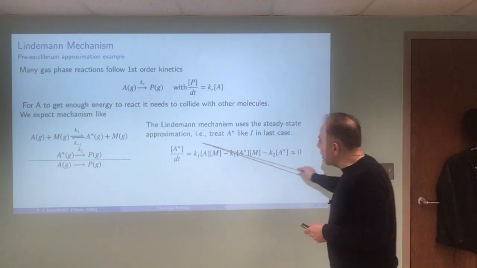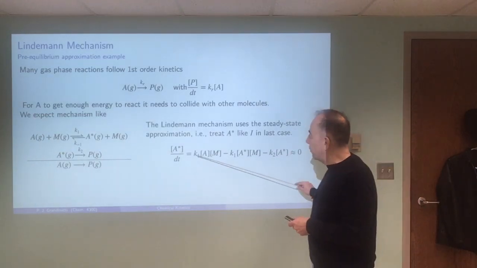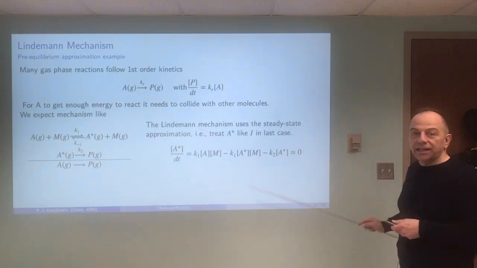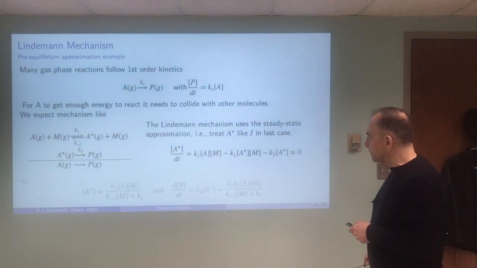That's our expression for the intermediate, A*. And we're going to say in the steady state approximation that that is equal to 0.